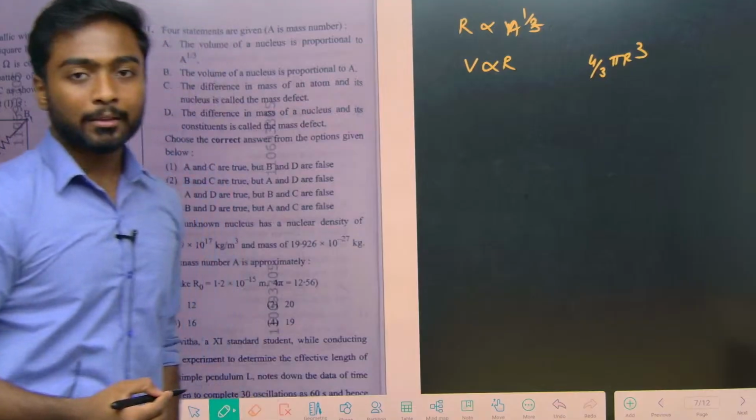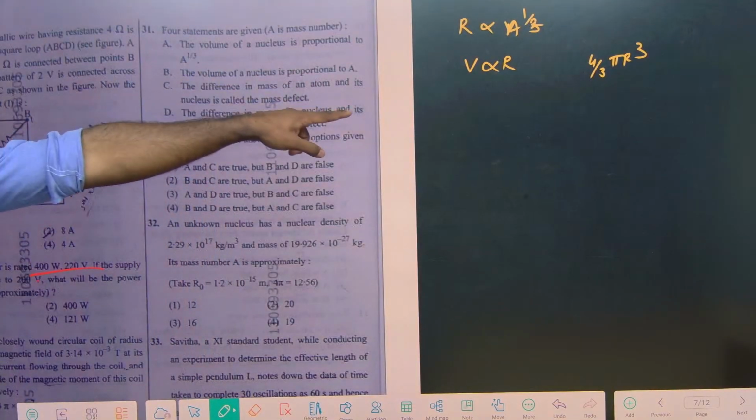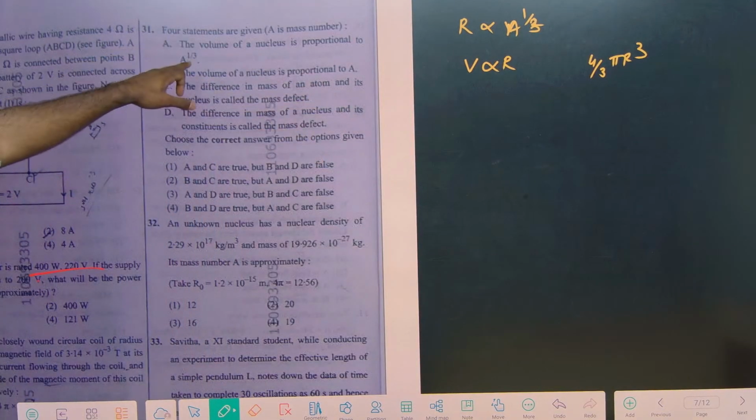Volume of a nucleus is proportional to A. Okay, fine, I'll keep that one.